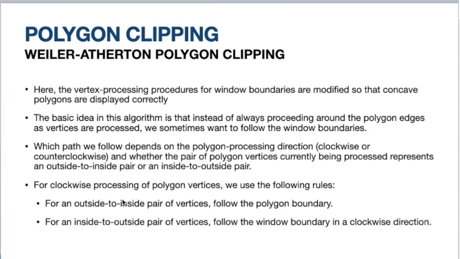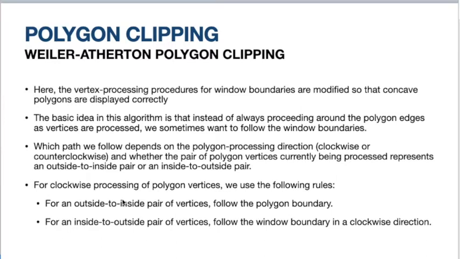This Weiler-Atherton polygon clipping can be successfully used in the case of concave polygon clipping. Here the vertex processing procedures for window boundaries are modified so that concave polygons are displayed correctly. The basic idea in this algorithm is that instead of always proceeding around the polygon edges as vertices are processed, we sometimes want to follow the window boundaries.